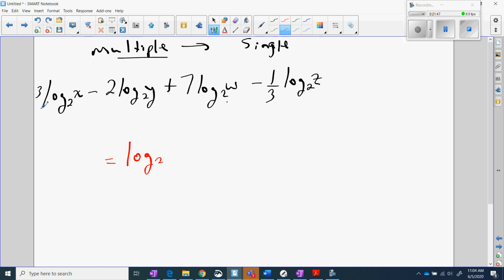Exponents ended up as coefficients. So that's the last thing I'll say. Here's the answer. Log base 2 of x cubed w to the 7th over y squared cube root of z. There's my answer. Did that all at once.